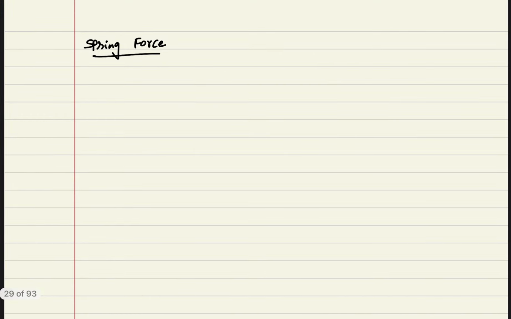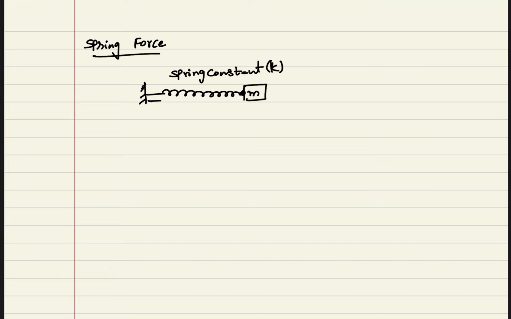Next force is spring force. Let us consider there is a spring having spring constant K. It is a material property. Now I have connected this to a block of mass M, and I am pulling this body like this.